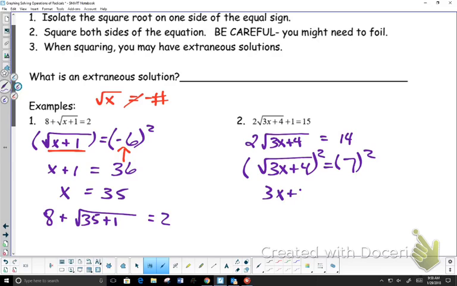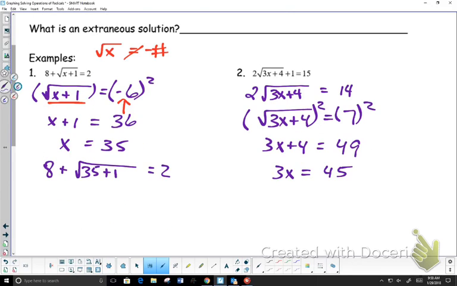Now we subtract the 4, and I've got 45. Divide by 3, and I have 15. Okay, so if we went back and plugged this in to check it, we would have 3 times 15 plus 4 plus 1, and this should all equal 15.